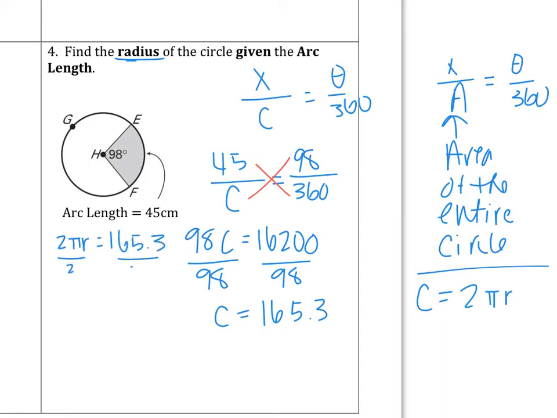Divide by 2, and we get pi times radius equals 82.7, and then divide by pi. So we get radius equals 26.3.